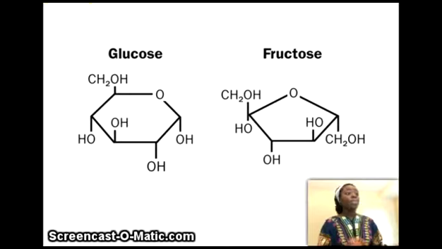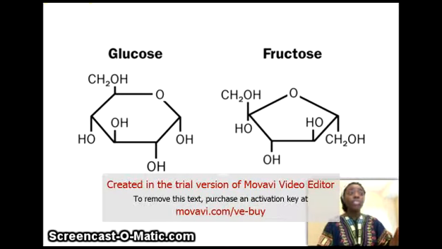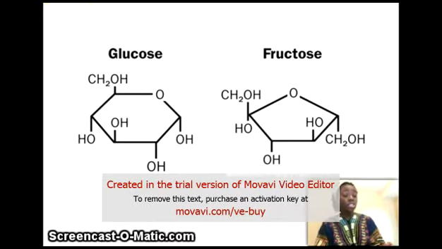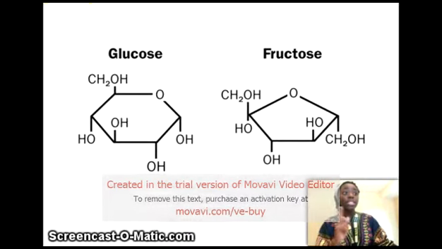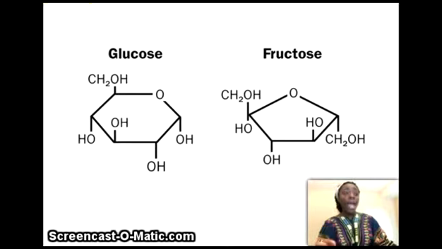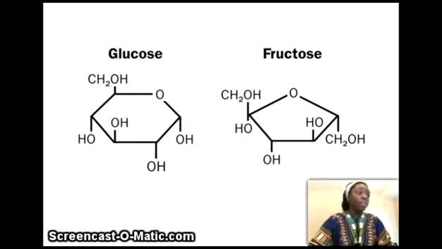They both start out by making a hexagon, as you can see, with their 6 carbon atoms. Each carbon is bonded to a water molecule, but the glucose carbon is attached to both a hydrogen atom by a single bond and an oxygen atom by a double bond, whereas the fructose carbon is attached to only an oxygen atom by a single bond, and that's how they're structurally different.